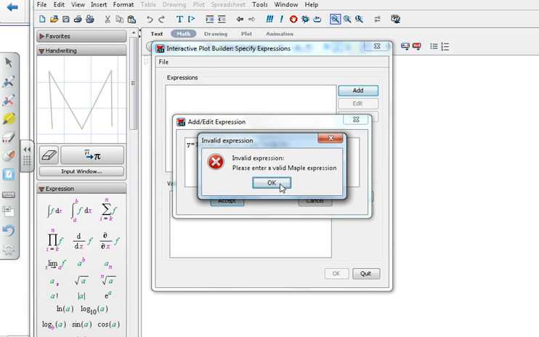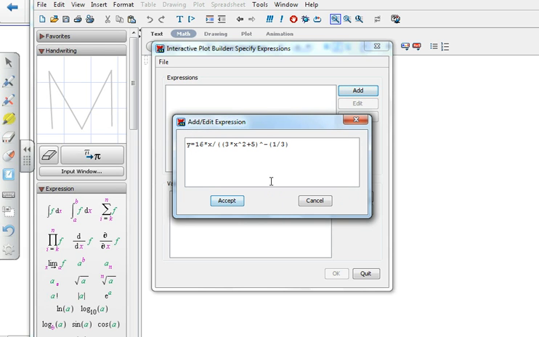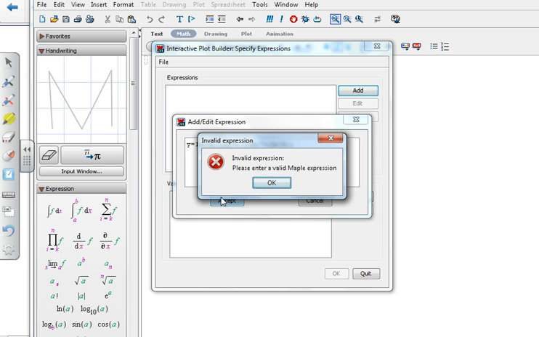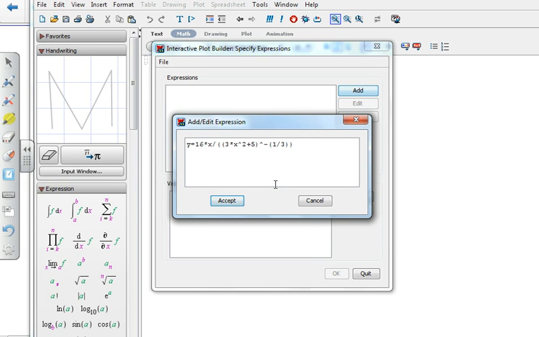Invalid expression. Oh, need another parenthesis. Invalid expression. Okay, see if it likes that one better.